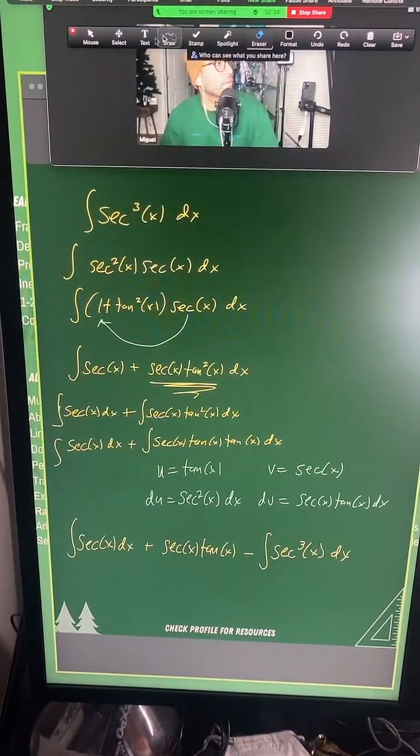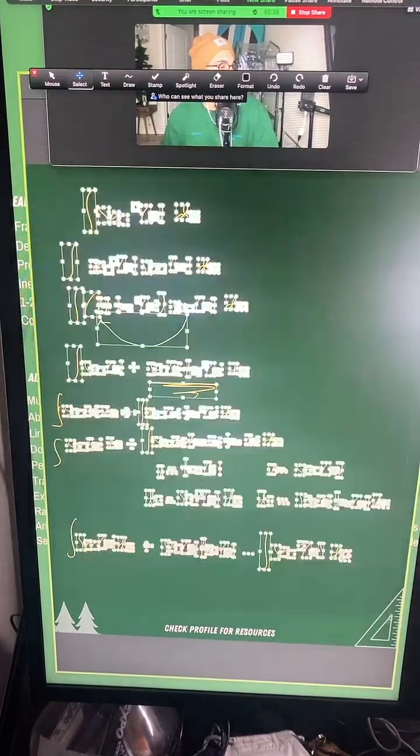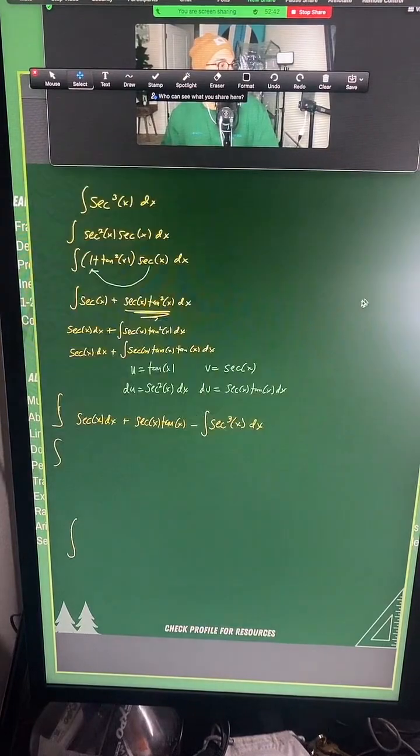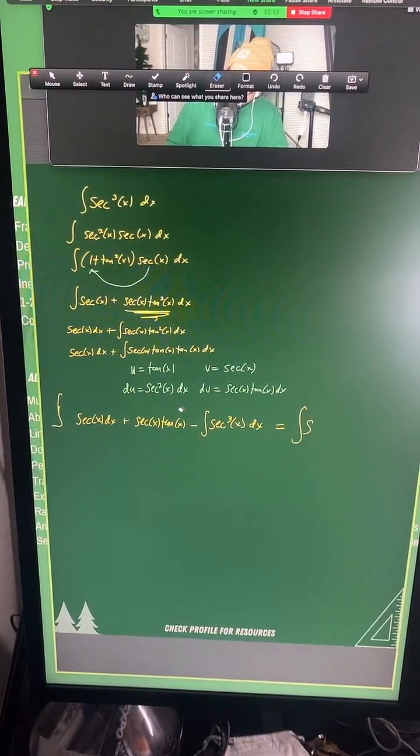Okay, so for this, let me just create a little bit more space, because we're gonna be done. Don't forget that this whole thing, this is the tricky part. This entire thing is just equal to secant cubed of x. It looks like I have some integrals that I need to rewrite. So remember, this whole thing is equal to the integral of secant cubed of x dx.